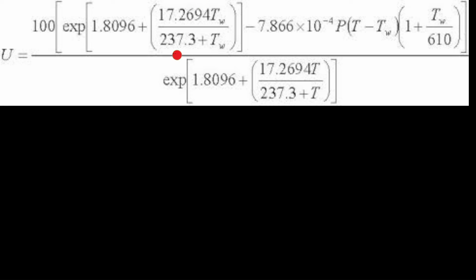And you subtract that by 7.866 times 10 to the minus fourth times the pressure, multiplied by the air temperature minus the wet bulb temperature, multiplied by 1 plus the wet bulb temperature divided by 610. And that entire expression is divided by the exponential of 1.8096 plus this value here, except you change the wet bulb temperature to the actual air temperature.